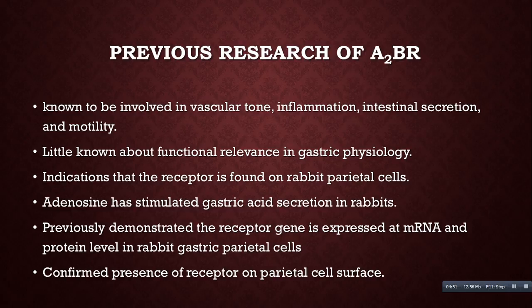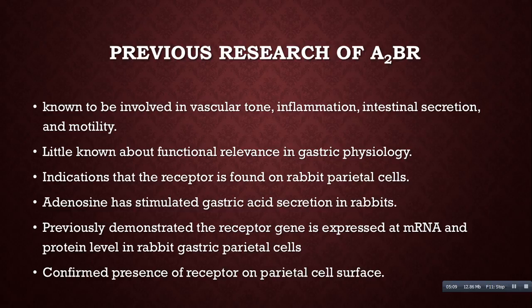It has also been reported that adenosine A2 receptors are on parietal cells in rabbits that modulate gastric secretion, and pharmacological studies have shown that adenosine and its analogs stimulate gastric acid secretion in parietal cells from rabbit gastric mucosa.